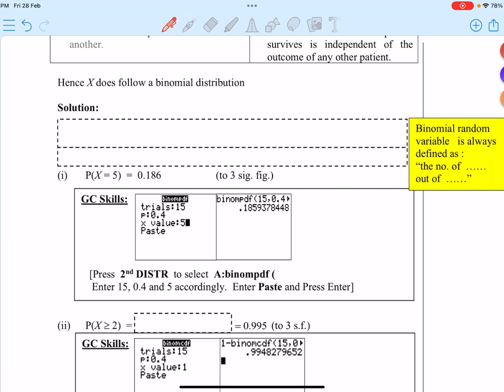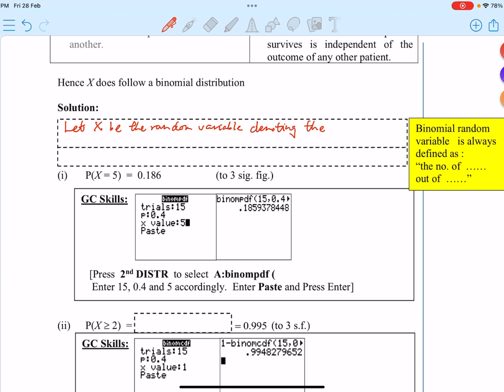So in this case, we will let X be the random variable denoting the number of patients who survive. We are looking at the number of patients who survive, but it is out of how many?